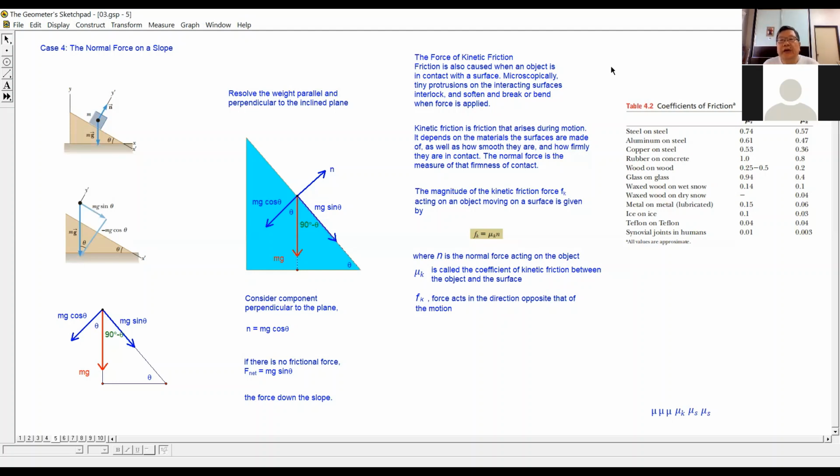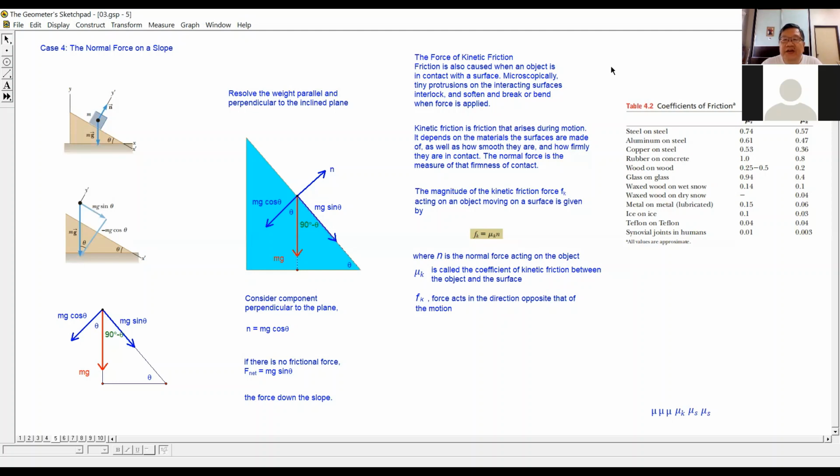So kinetic friction is the friction when the object is moving. Static friction is the friction when the object is not moving. Now we want to know the size of this frictional force. Knowing the existence of frictional force alone is not enough. We want to know how much that frictional force is in Newtons.